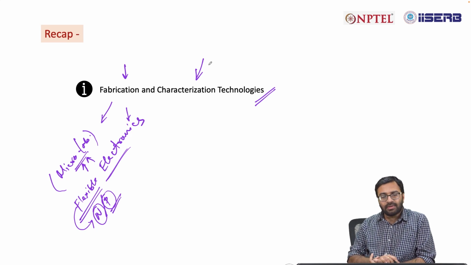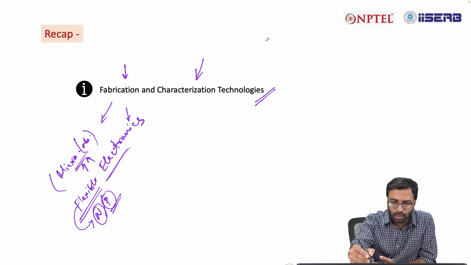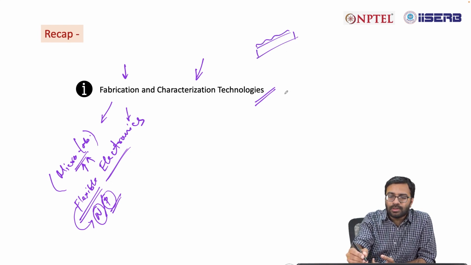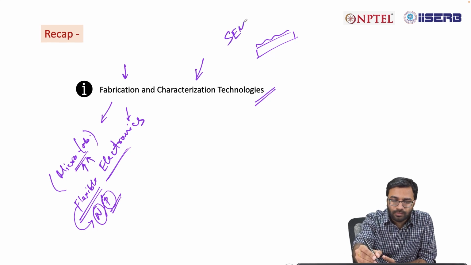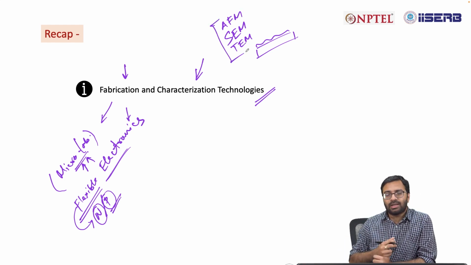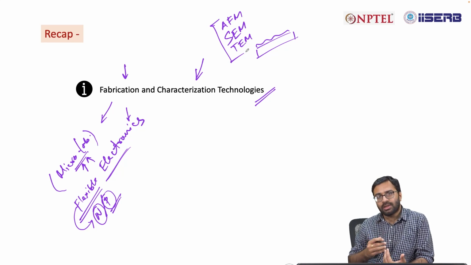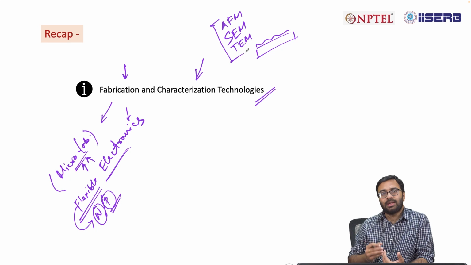We basically covered the characterization techniques associated with morphological study of a particular sensor, for example SEM, TEM, AFM. However, there are several other characterization techniques, for example material characterization technique. Briefly, I have discussed what are the important material characterization facilities that one needs for sensor development.